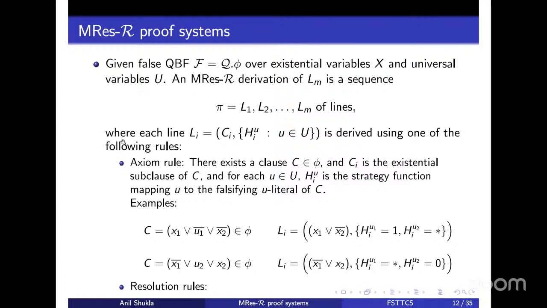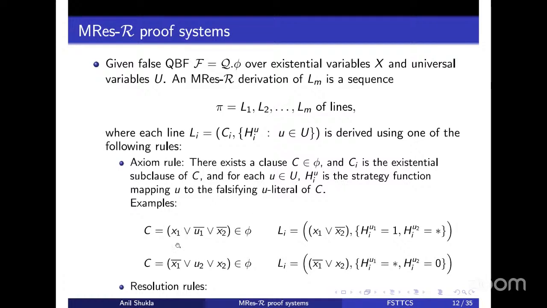Let us explain the axiom rule by example. Take the clause x1 or not u1 or not x2. What is Ci? Just take the existential subclause, x1 or not x2. For a universal variable, you look at the falsifying assignment.